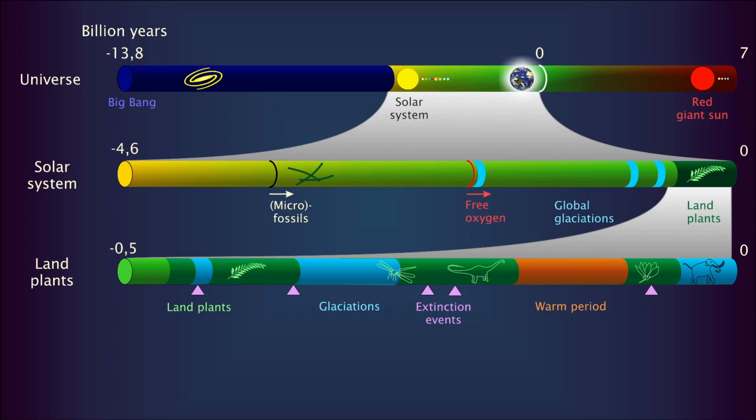Let's first ask the question, which factors were responsible for these cooling or warming of our planet? And of course, it's very difficult to find out which factors really were responsible because it's so long ago. But there are strong indications that carbon dioxide was always an important factor.